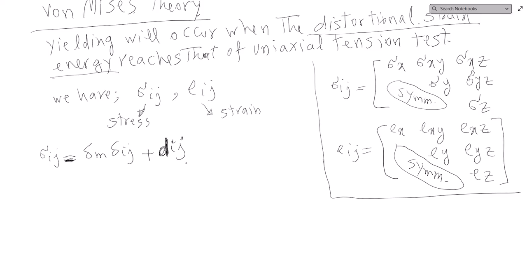We call this the deviatoric part, and then we call this, say, volumetric, or sometimes referred to as hydrostatic stress.